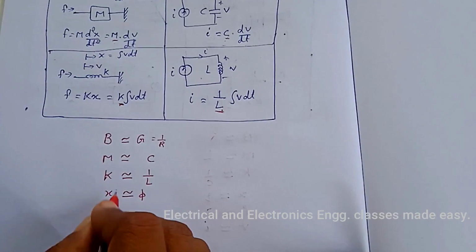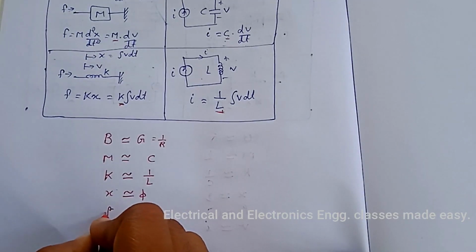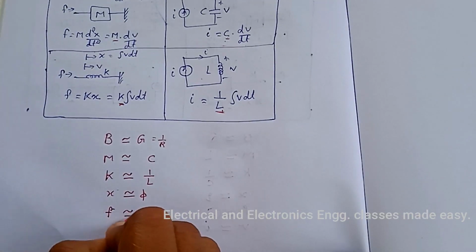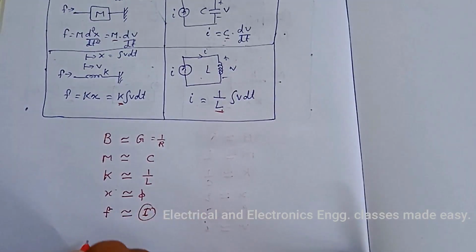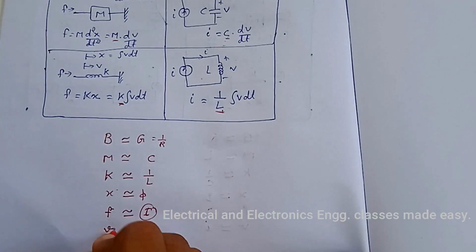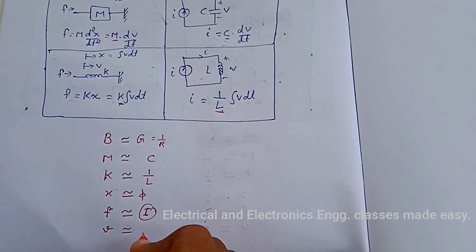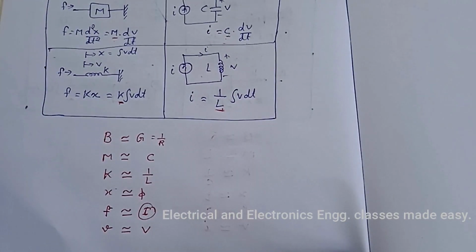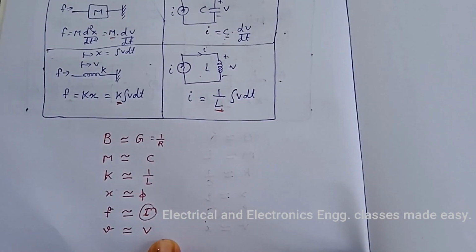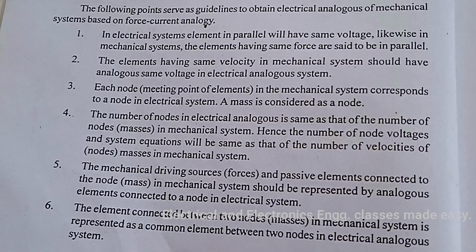Then force, that is input force, is analogous to current source. Then velocity V is analogous to voltage across the element. So this is the case of force current analogy.